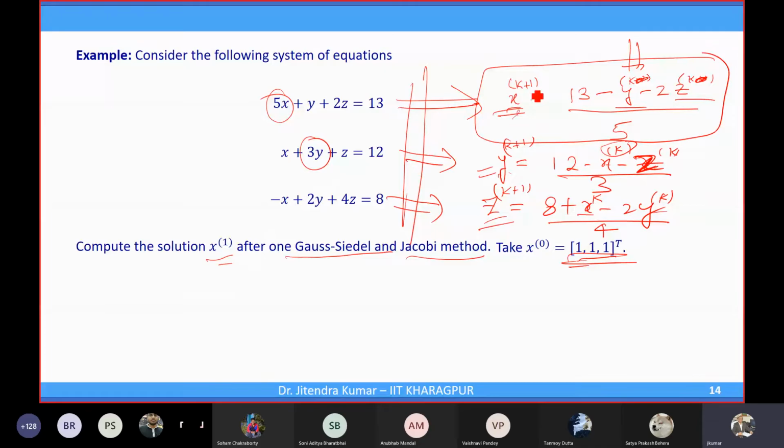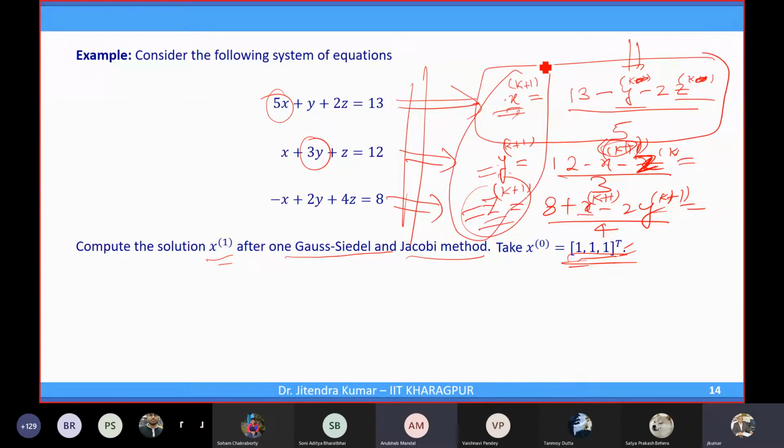Now since x is already computed, you will use x at k plus 1, the recently evaluated one, and z obviously from the previous one. Then you compute z. When you are computing z, x and y are known, so instead of the kth iteration you use the new one, the k plus 1th iteration. Fine. So this is x, y, z.